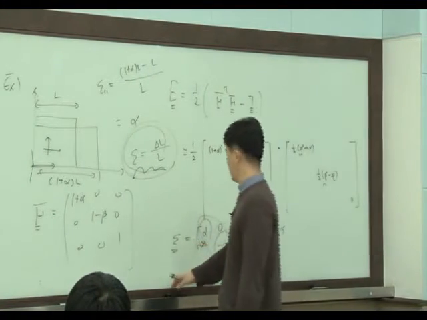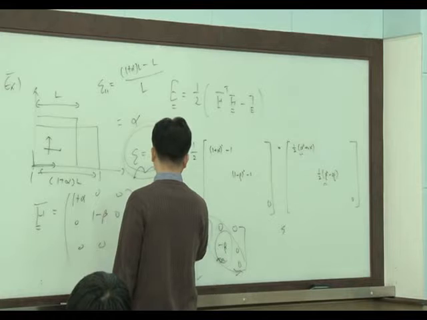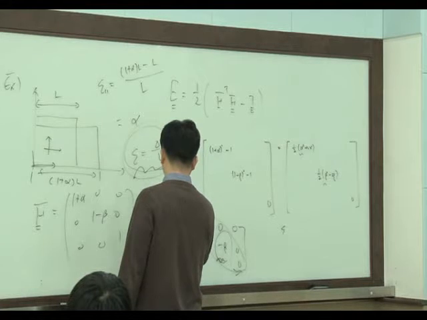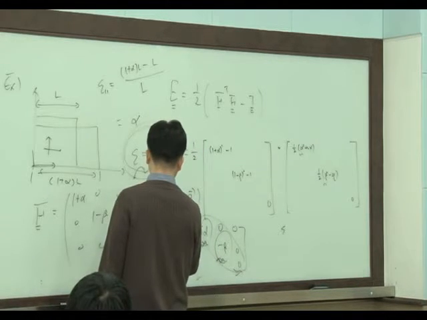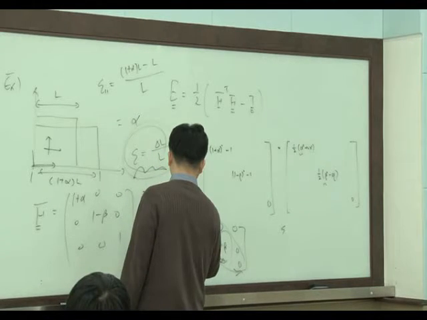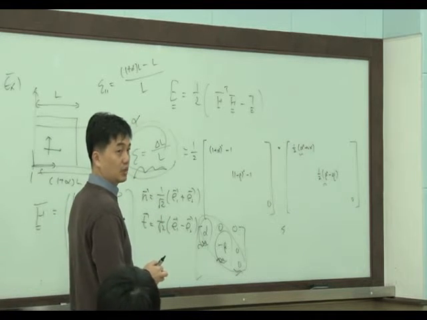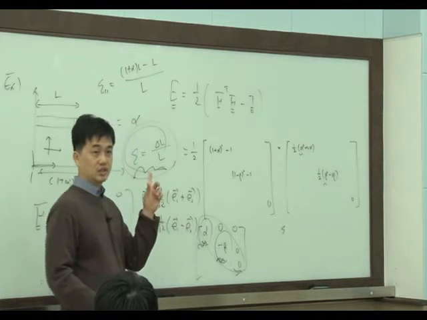But if the n vector equals 1 over square root 2 times E1 plus E2, and the t vector equals E1 minus E2. Is this normal? These are normal vectors, right? Normal to each other. Let's use this n and t and then calculate the angle change.